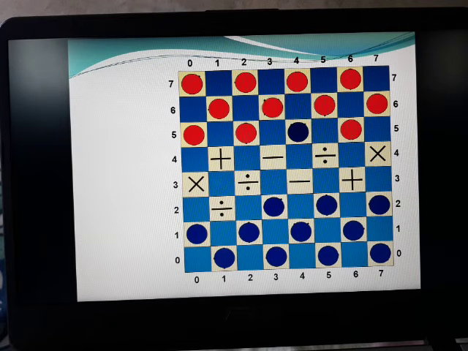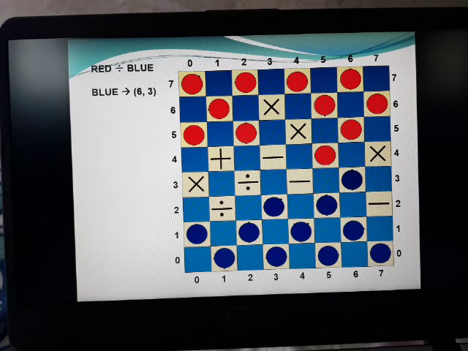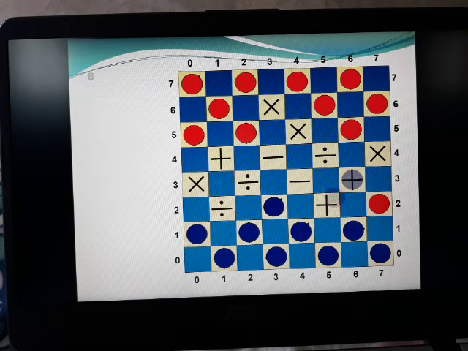Then another red divided by blue. Blue moves to 6, 3, and then red takes blue, so red minus blue. Blue moves to 6, 3, and red takes blue, red divided by blue.